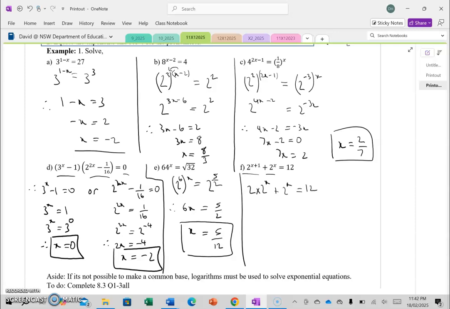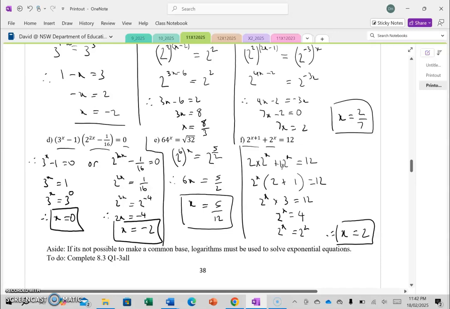And then we can factor out the 2 to the x. It'll be 2 plus, and then that'll be 1 lot of 2 to the x, and that's just going to be a 3. Dividing through by 3 we get 4. Well, that's good because 12 you can write as 2 to the power. But that's nice and easy now, because 4 is 2 squared, so therefore x is 2.